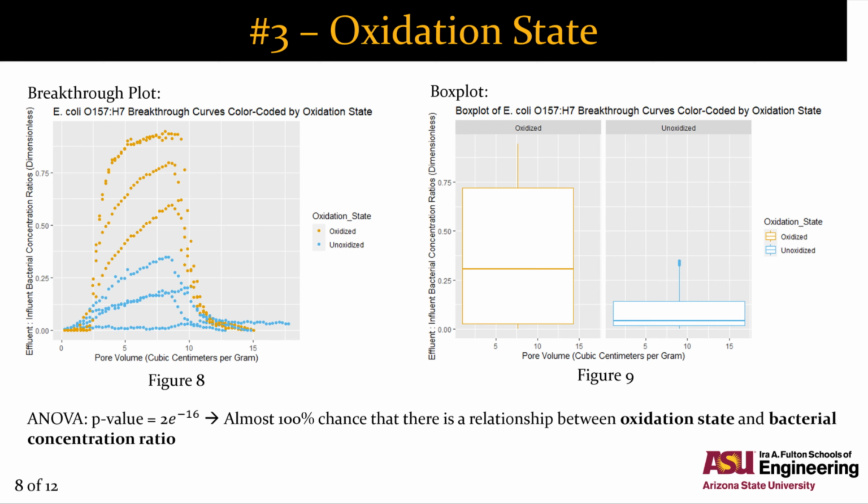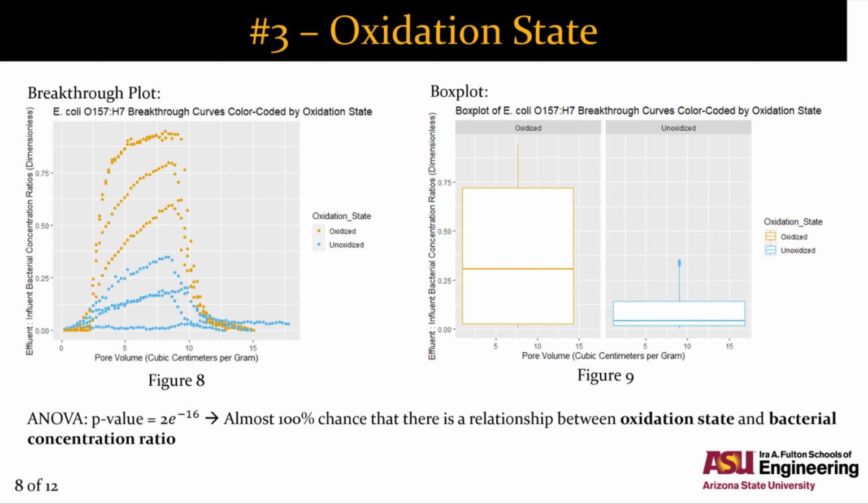Based on the box plots for oxidation state, E. coli transport appears to be strongly affected by oxidation state, since there is an obvious difference between the values for oxidized versus unoxidized biochar. This statement is further supported by the ANOVA test performed, since the p-value is calculated to be 2e to the negative 16, indicating that there is a 2e to the negative 14% chance that the null hypothesis is true.